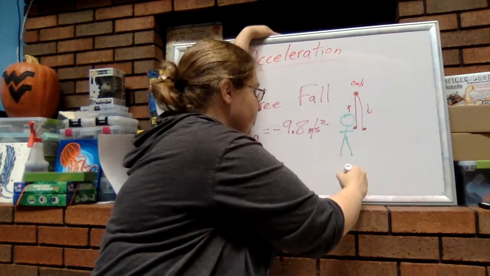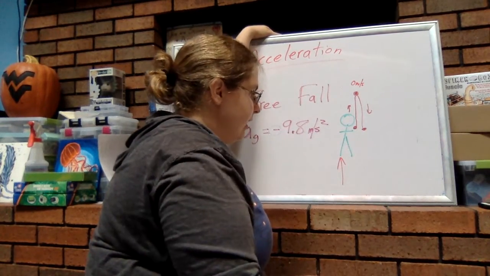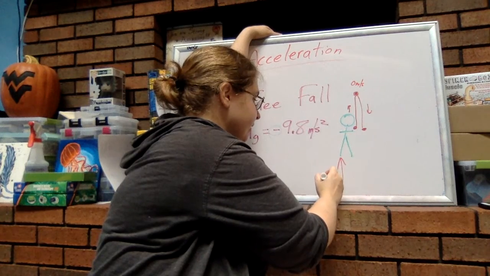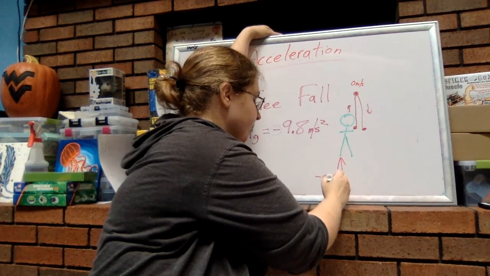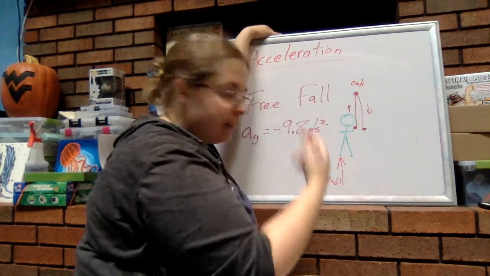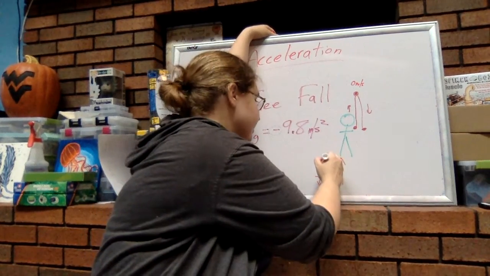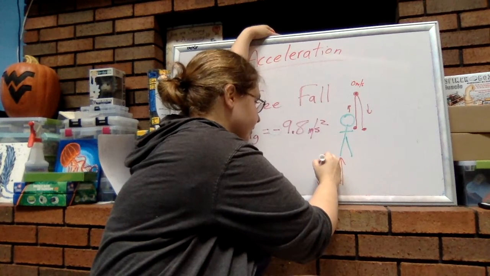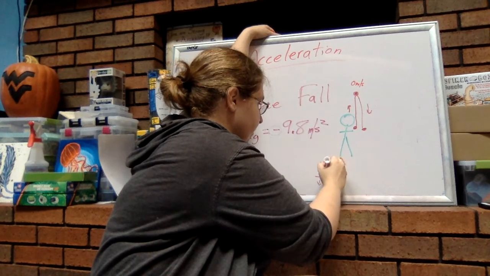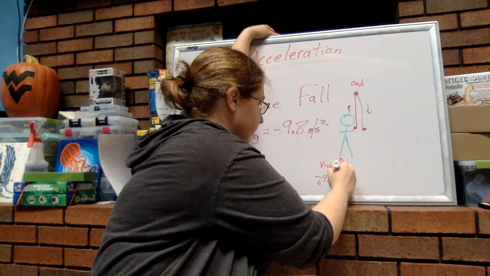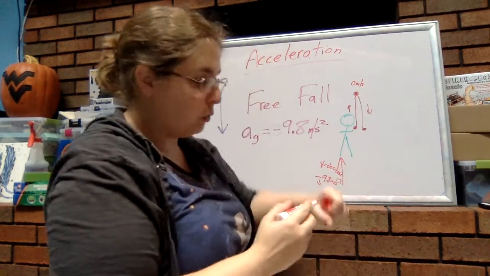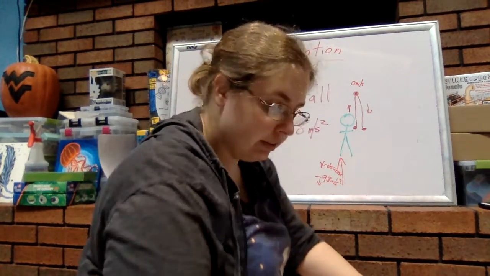As it's going upwards, it is experiencing the negative acceleration of 9.8 meters per second squared. So it's experiencing the downward acceleration, which causes its velocity to decrease. In other words, it's going to slow down, which makes sense.